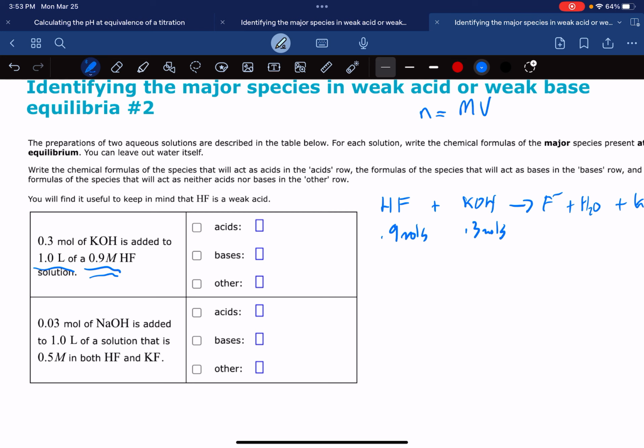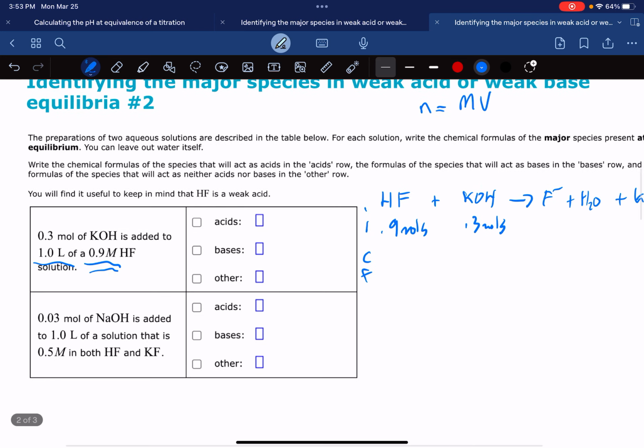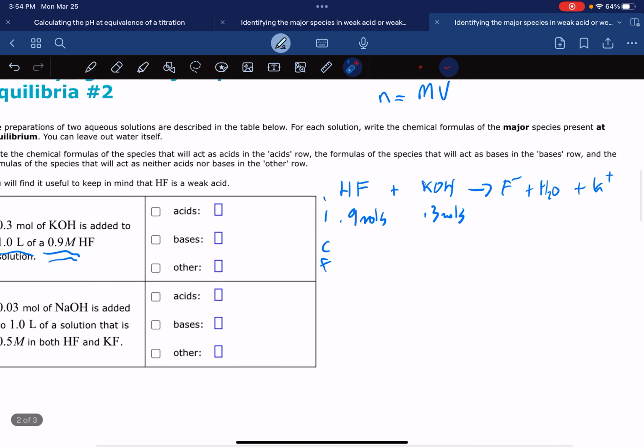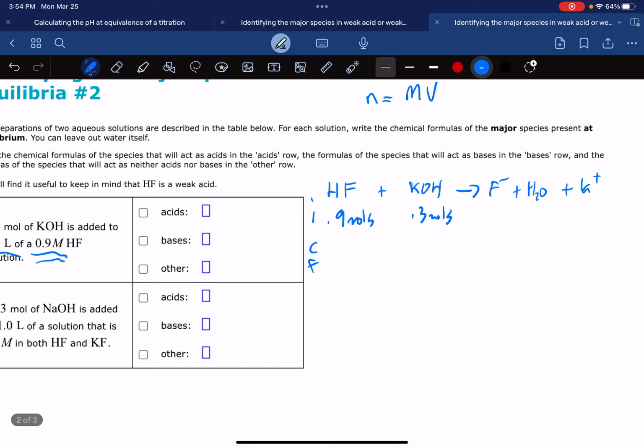So what that means, if we're doing an ICF, that's initial, change, and final, remember, these two things right here, OH minus and the HF, they're going to go to war. And they're going to keep on going until all this OH minus is either used up or all the HF is used up. Either way. In this case, we have only 0.3 moles of this and we have 0.9 moles of this. So where does that leave us? Well, that means that we're going to lose 0.3 moles here and 0.3 moles here.